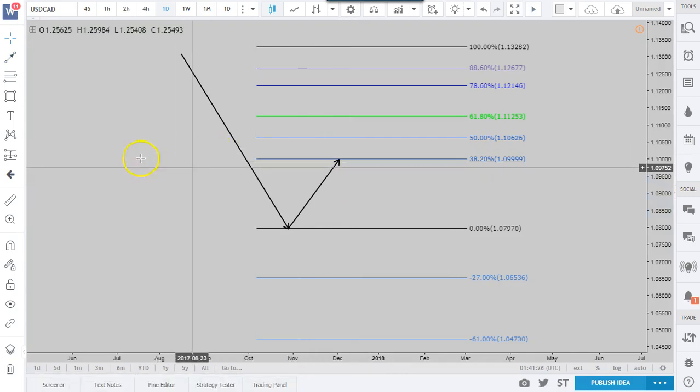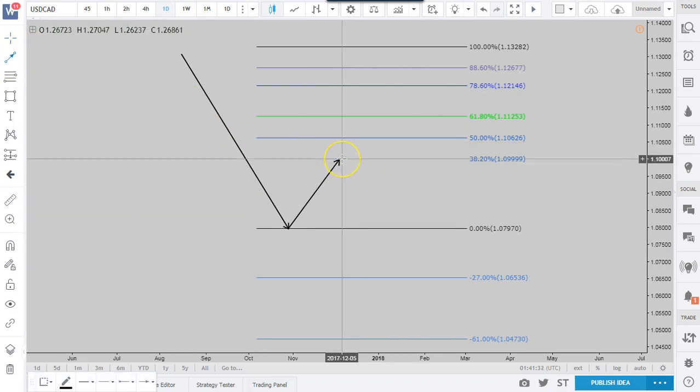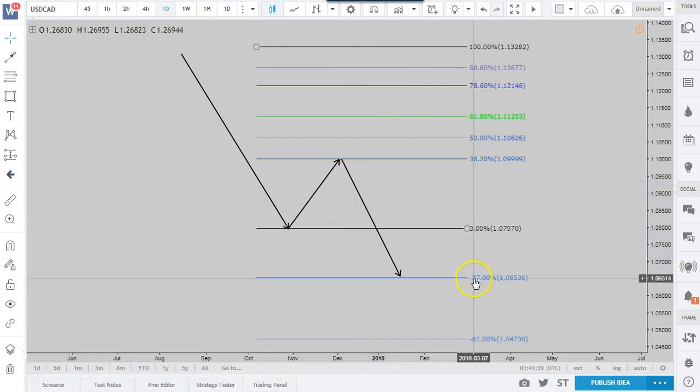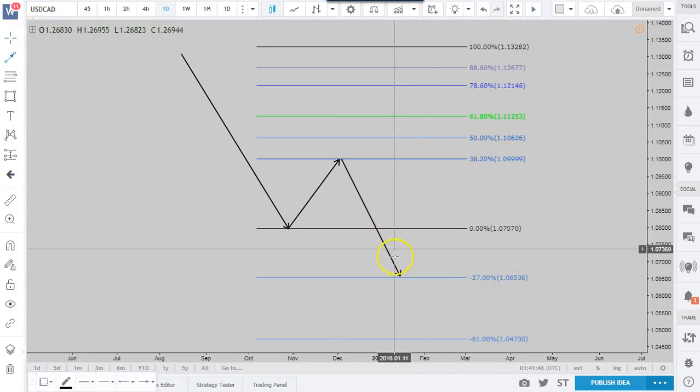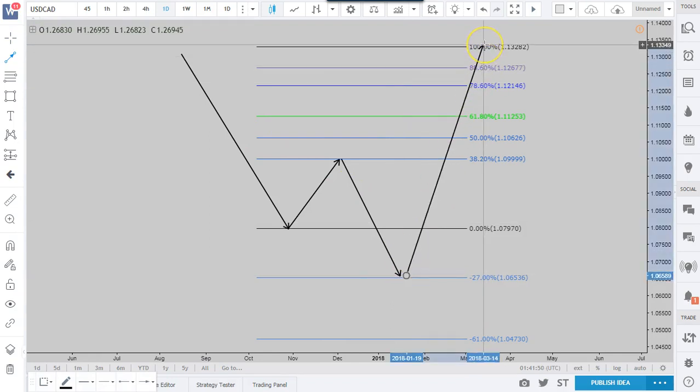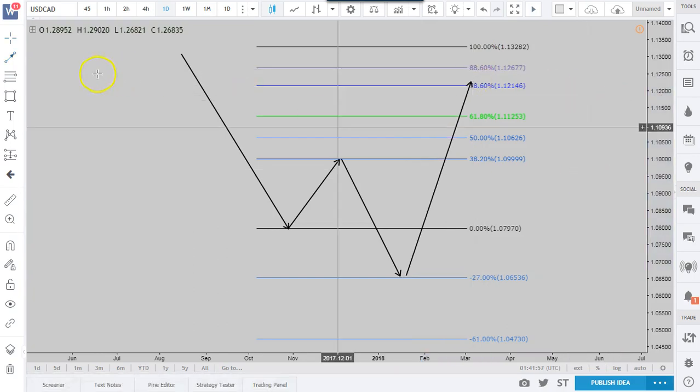Sometimes you see a structure or a support or a resistance around this 0.382, and then we expect price to continue its downtrend, maybe to the first target, which is the minus 27% extension level. And then if price should come into this level, sometimes we see price go to the upside. That's how the market moves.